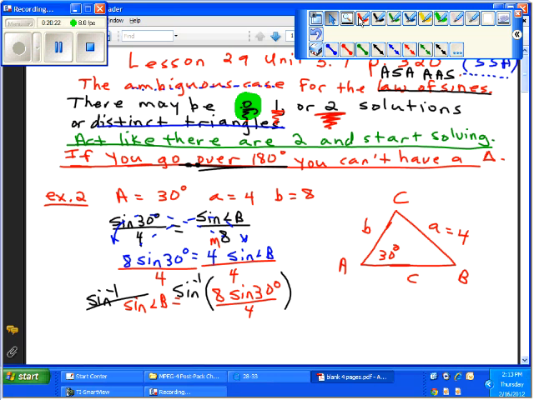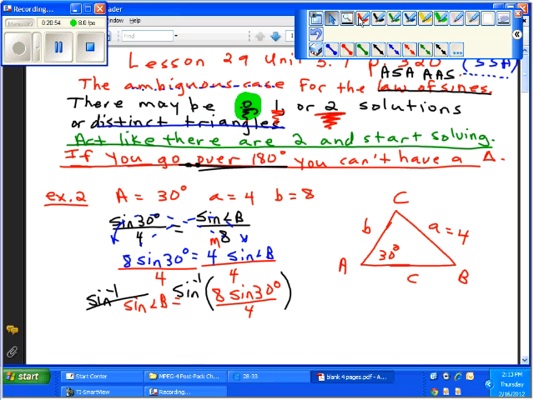So you'll punch that in the calculator as second sine, the parenthesis is open, 8 sine, now the parenthesis opened again, 30, close, divide, 4, close, enter, inverse sine of 8 sine 30.